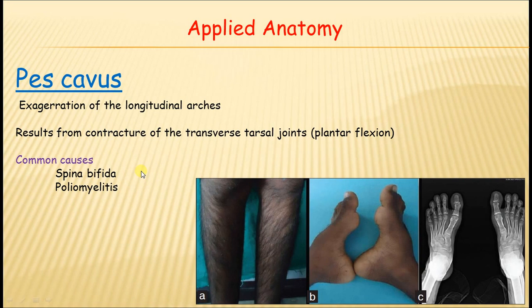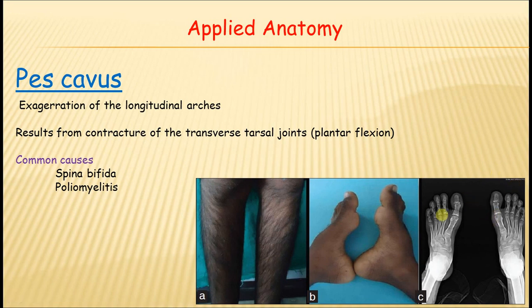Now one more thing you are able to see here is called Hallux Valgus. The great toe is adducted towards the midline of the foot, with some degree of abduction of the metatarsals. This deviation also takes place by wearing very narrow or pointed shoes.